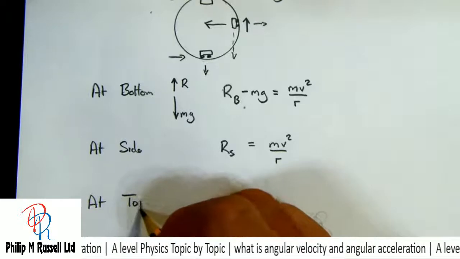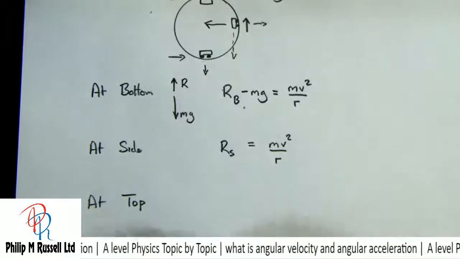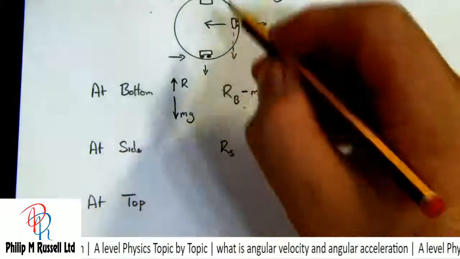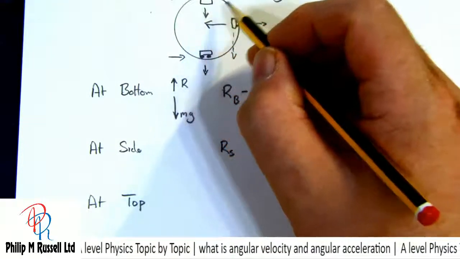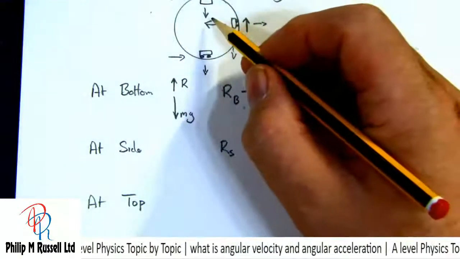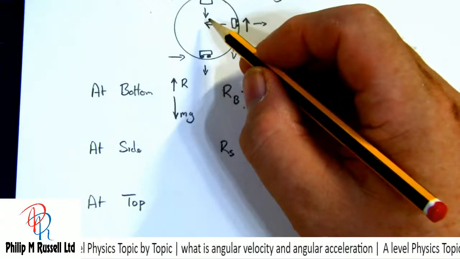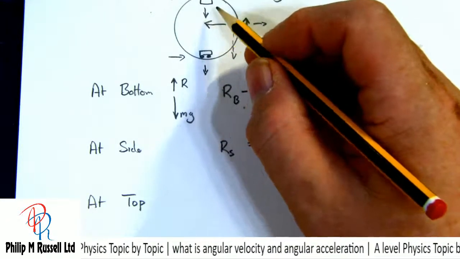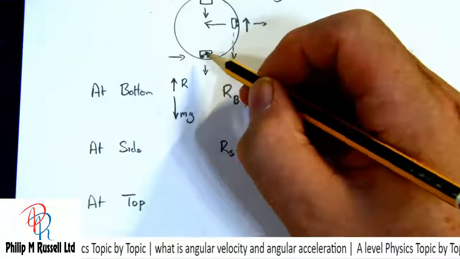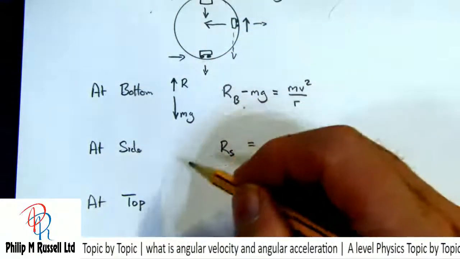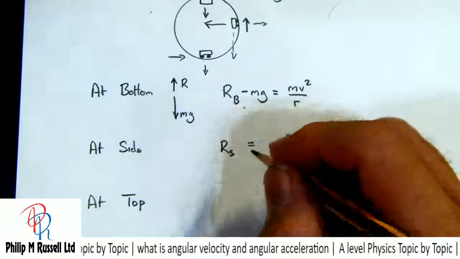And at the top, both the mass and gravity and the contact force are both acting downwards towards the centre of the circle, and together they provide the centripetal force.